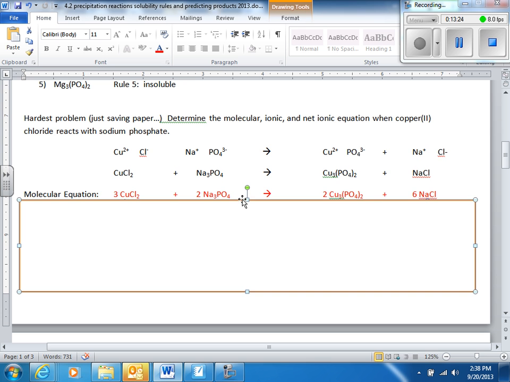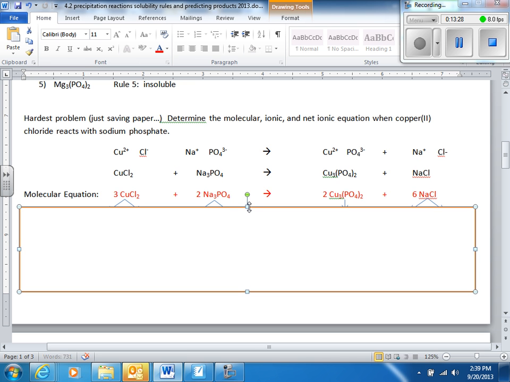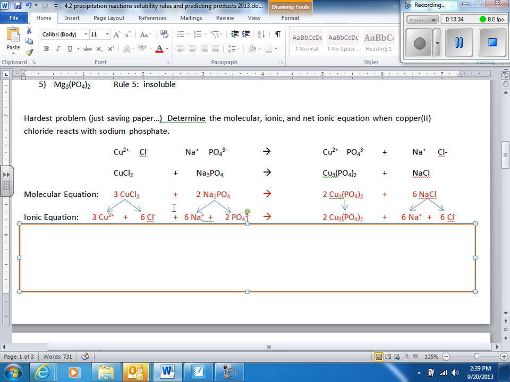Okay, so there's your molecular, you need to balance it. It's balanced. Now we check the solubility rules and we find out that these 3 things split and the copper 2 phosphate stays all together.